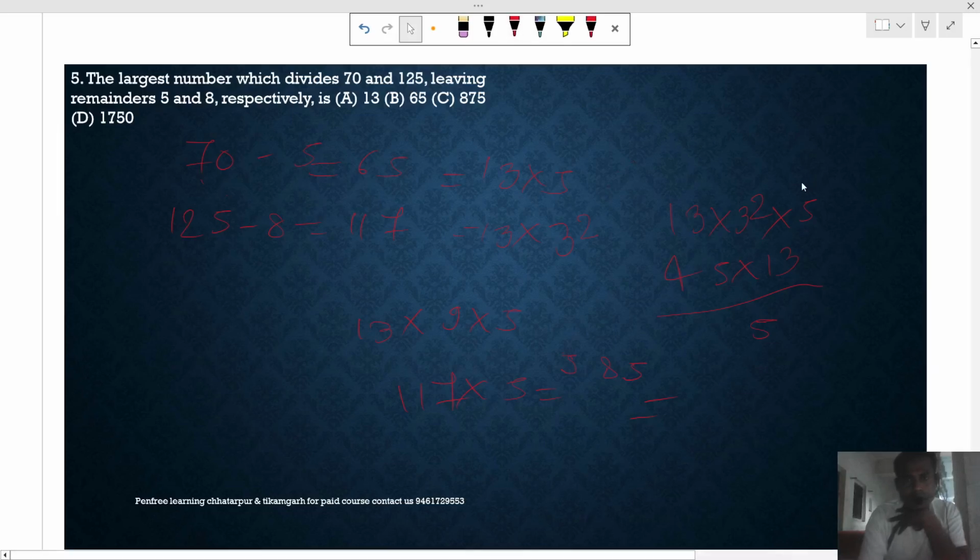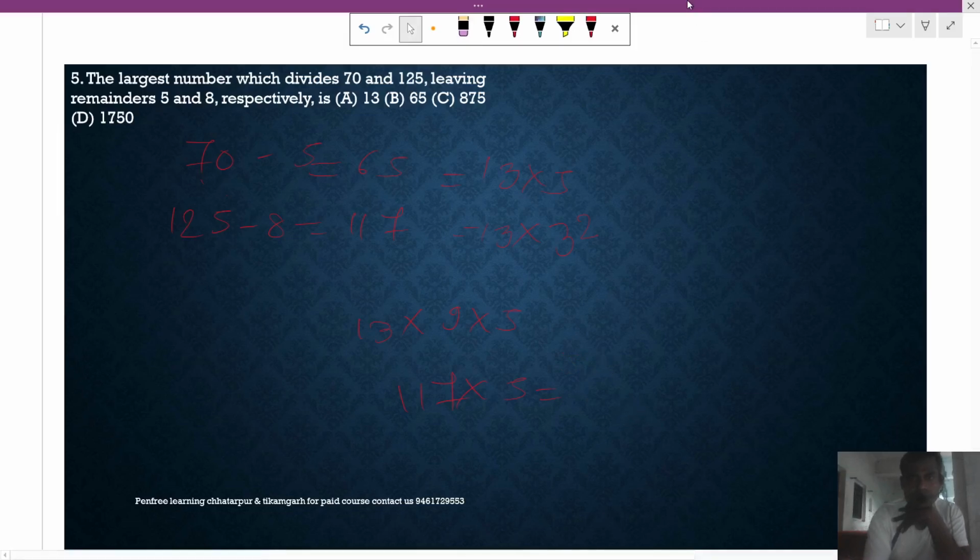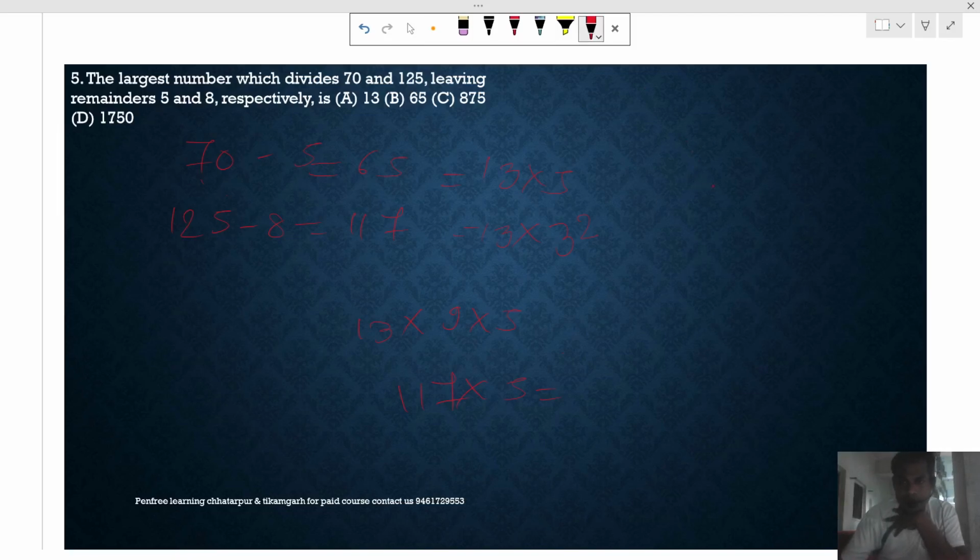So that will be 65 into 9. Please wait a minute. Where we take 13 into 3 to the power 2 into 5.